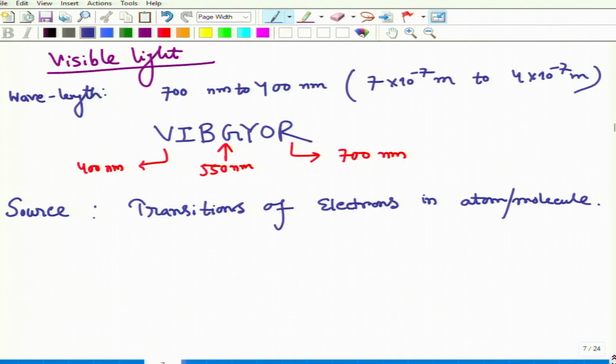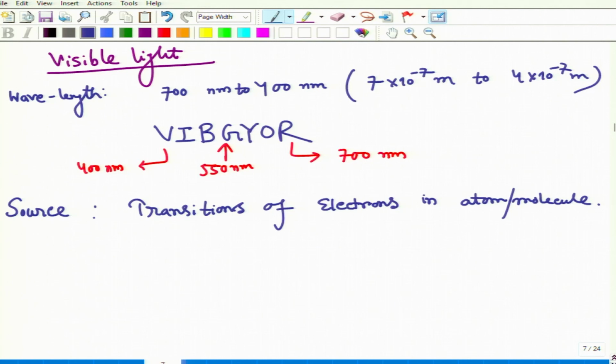But there are electrons in any molecule or any matter. We know electronic levels are there. We studied HOMO, LUMO, MOT, different kinds of things, right? When these electronic transitions occur from one level to another level, the emitted energy remains in the region of 700 nanometers to 400 nanometers, which gives the visible light, or the color. That is due to the transition of electrons in an atom or molecule.